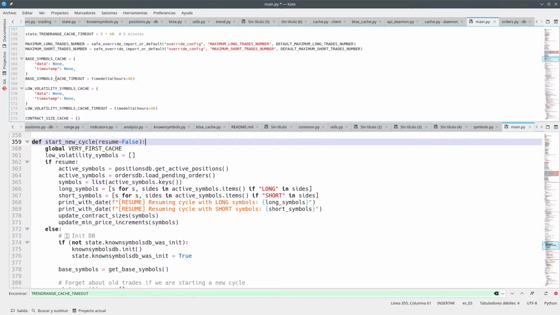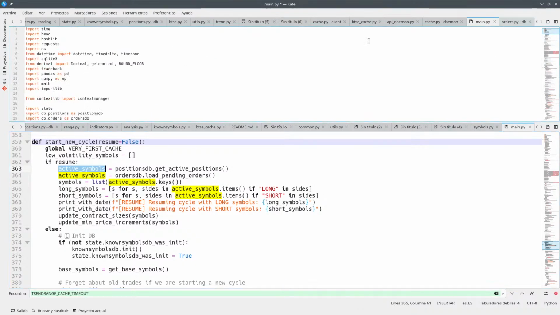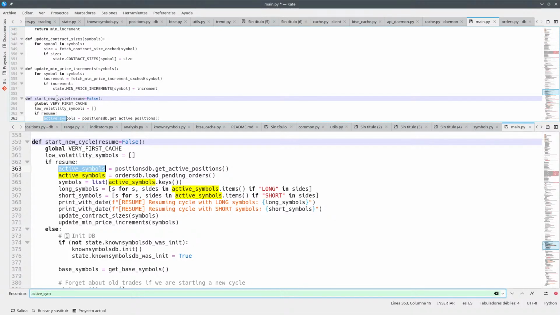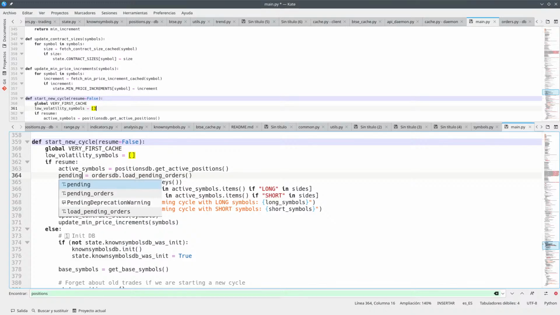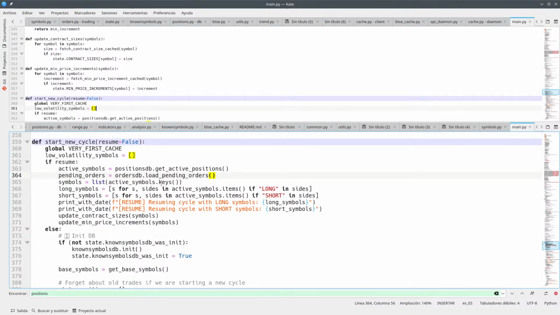Or maybe not. Maybe active symbols are just here and that's it. I think that active symbols are not used anymore anywhere else. So yeah, we are exactly in the same line. So let's call this thing pending orders and let's get with it.